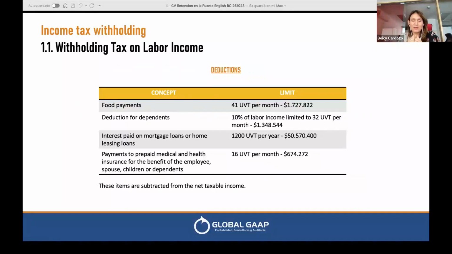This could be something that we call in Colombia, maybe this is used internationally, the exo payments. So the company can give you a card, and you can use that card to buy food, to go to restaurants, to go to the supermarkets, and the max that you can use is 1,727,000.